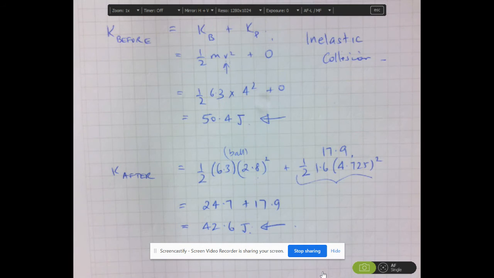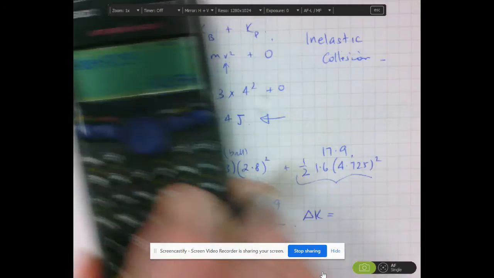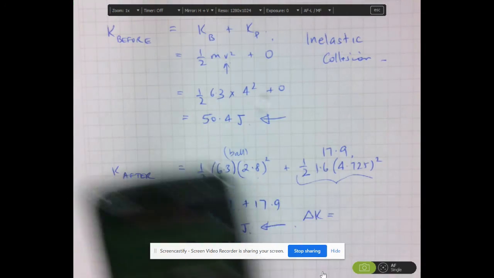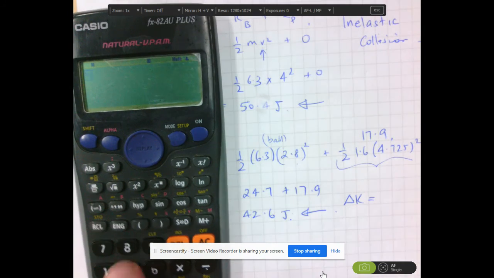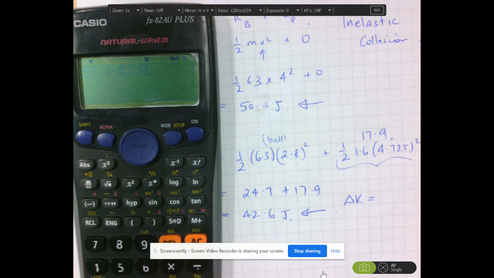Okay, so how much is lost? So the change of kinetic energy is, let's just calculate that over here so you can see, 50.4 minus 42.6, it's 7.8 joules loss.